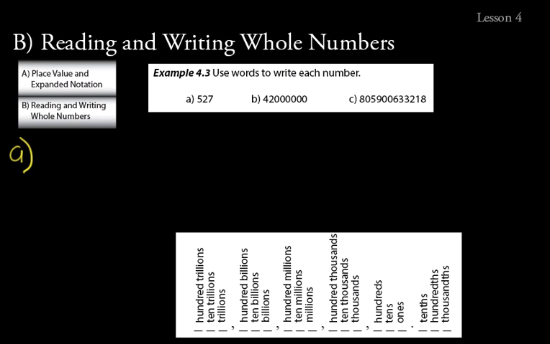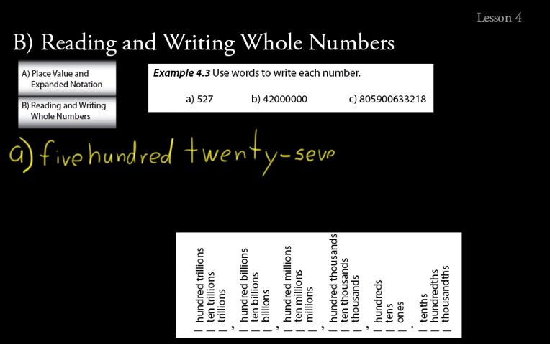But I'm not going to do that here. 527, we would just say 500 20. We don't say and 20. The and is only reserved for the decimal place. 20. There is a hyphen. If you look at your rules, you put a hyphen here. 21 through 99, you put hyphens. 27. That's how we'd want to write that.